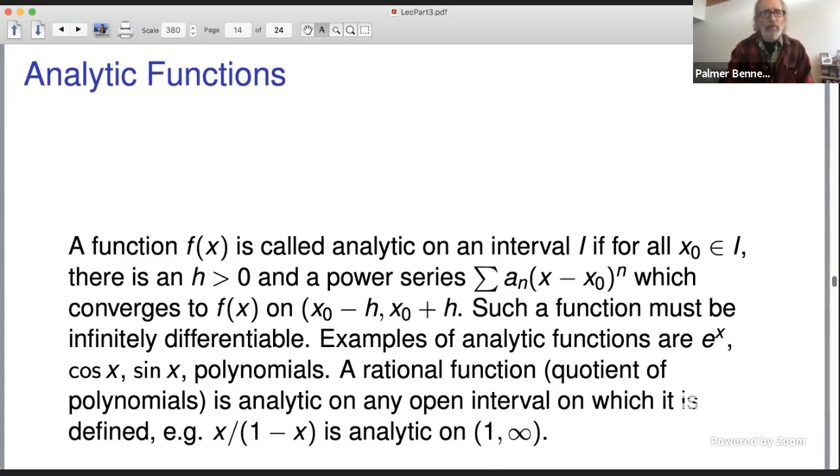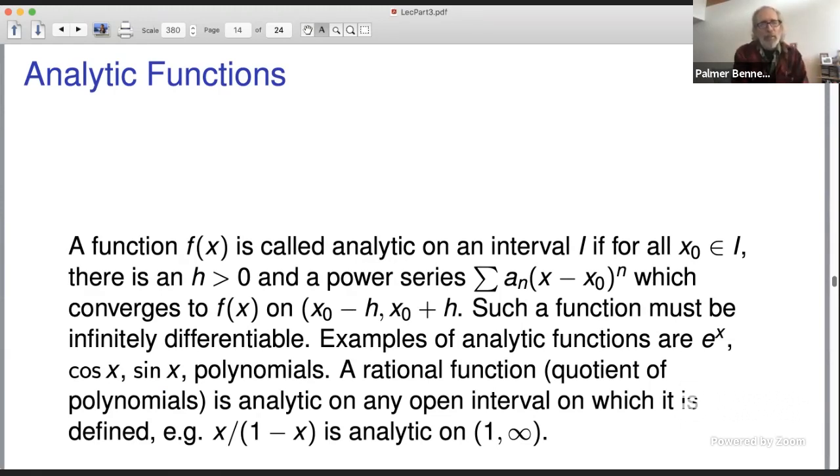A function f of x on an interval, I call the interval I, is called analytic if for every point x naught in the interval, there's a smaller interval. Just think of this h as being a distance around x naught.